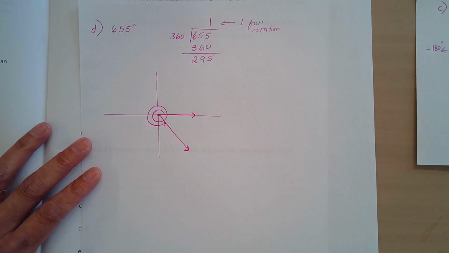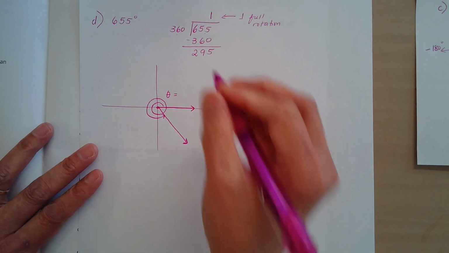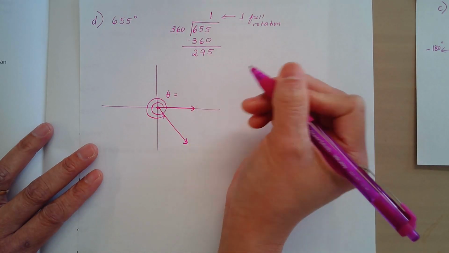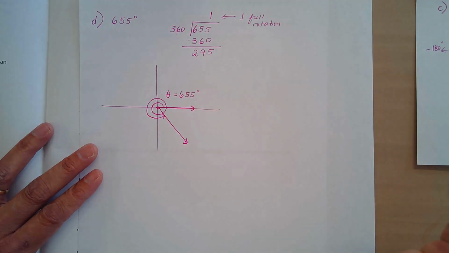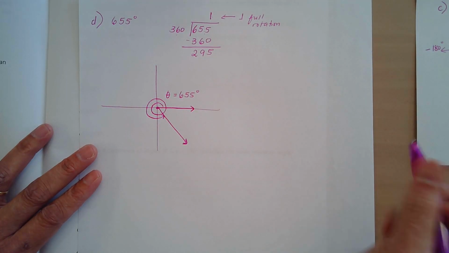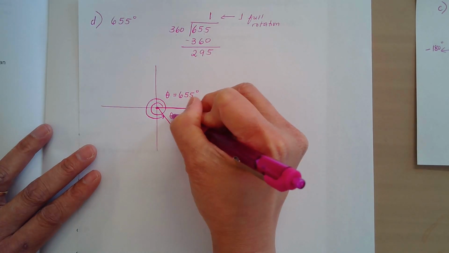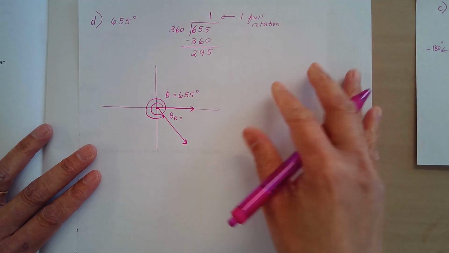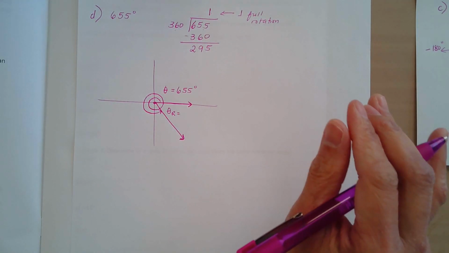So our theta, the angle in standard position, is equal to 655 degrees. Theta r is here. Okay, so how can we figure out theta r?